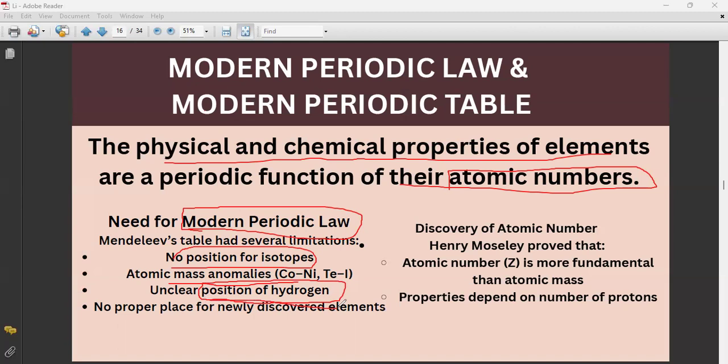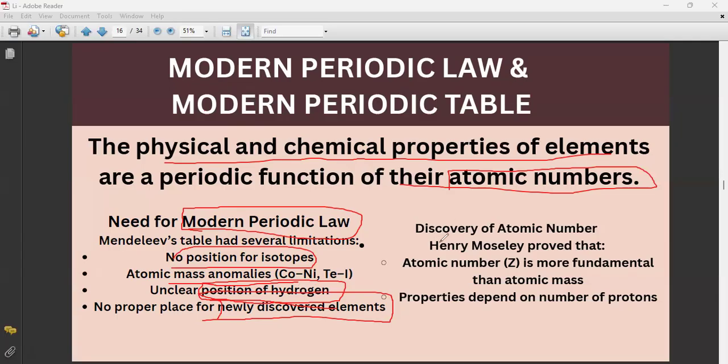So this was the need for the modern periodic law, and he also didn't have a proper place for the newly discovered elements. Therefore, there was a need to make a modern periodic law. And the modern periodic law came with the discovery of the atomic number.